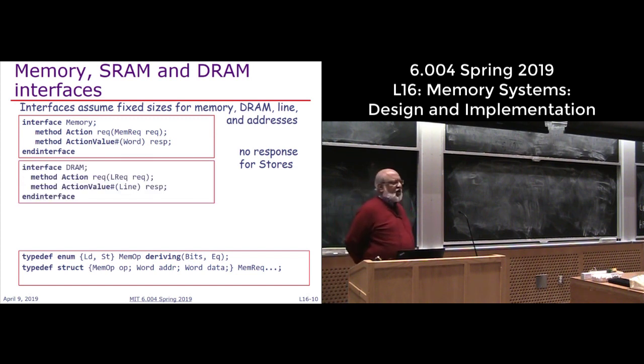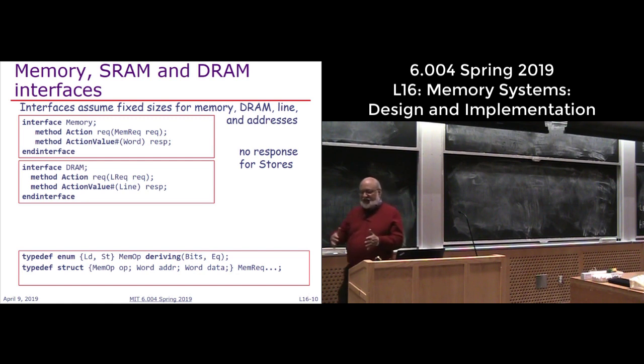Okay, so now what is the interface for DRAM? It also takes a request, except that the DRAM interface is always in terms of lines. Remember, DRAM is the backing store for us, so there is cache and there is DRAM. The processor is this side. When the processor talks to the memory, it's asking for words, saying, send me a word, update a word.